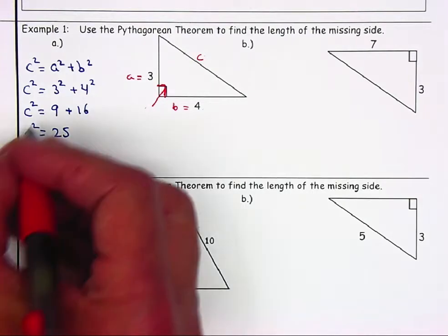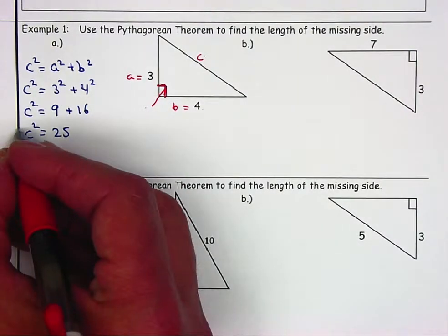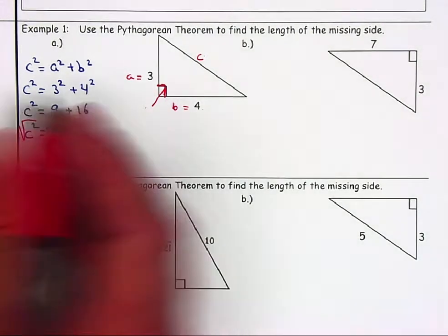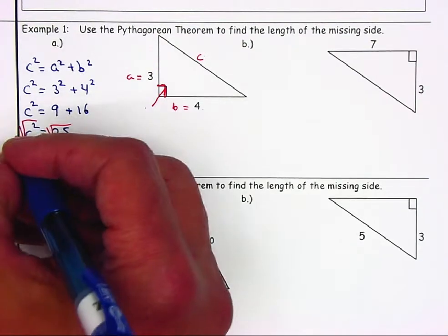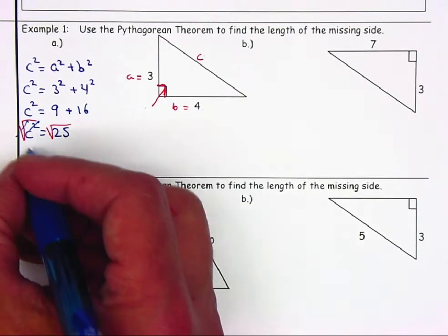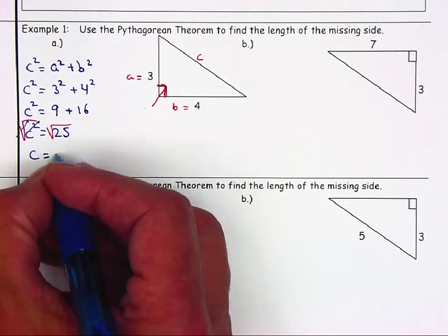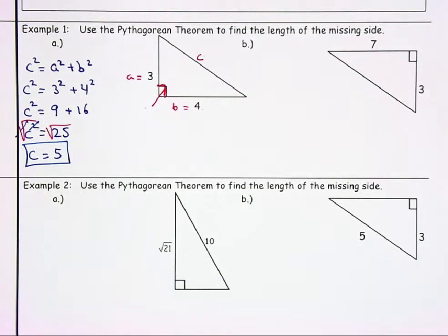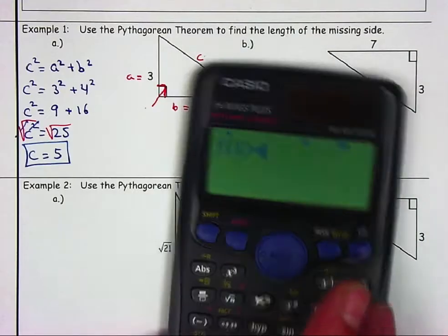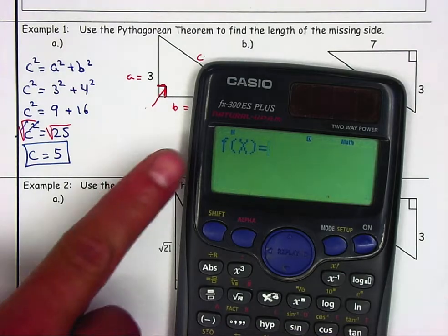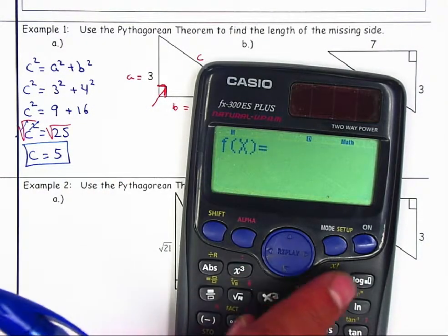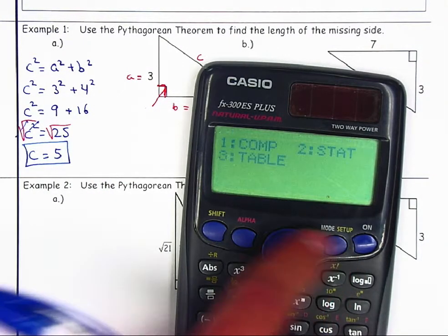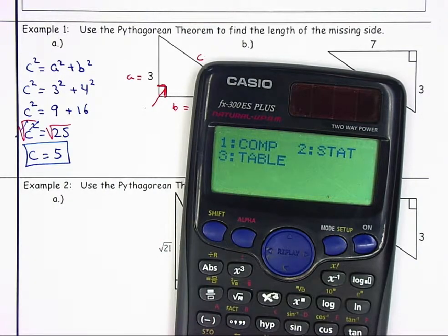Now, to get rid of the square, we are going to take the square root on both sides. So the square root and the square cancel each other. C is equal to the square root of 25, which is 5. And you are able to use a calculator. Now, if you grab a calculator and it says FX, make sure that you press mode and you want number 1.